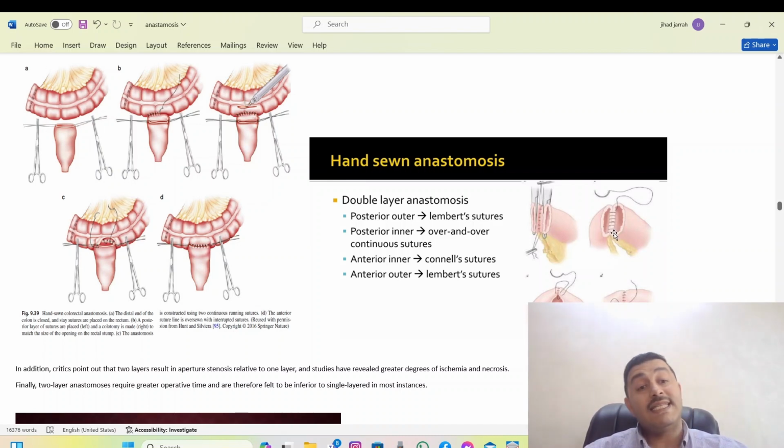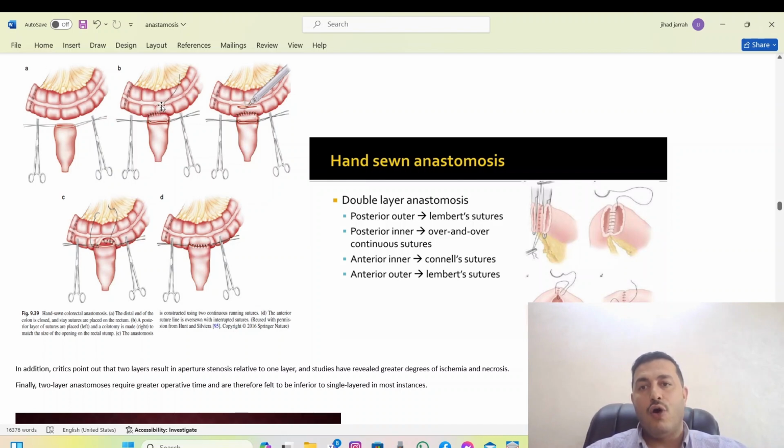The second layer of the posterior wall is over and over continuous. Okay, the inner layer of the anterior wall is using what we said, the canal suture, a horizontal mattress nearly full thickness. Okay, and the outer layer Lambert stitch. Okay, this is double layer. These are the same two pictures you can see here.